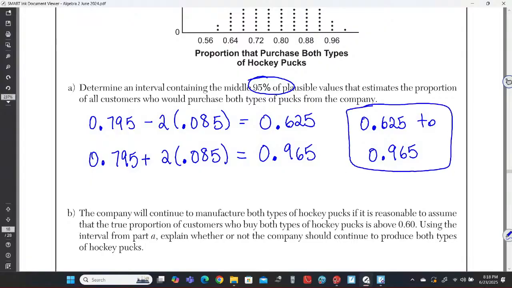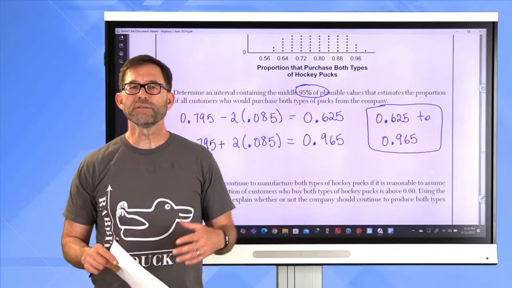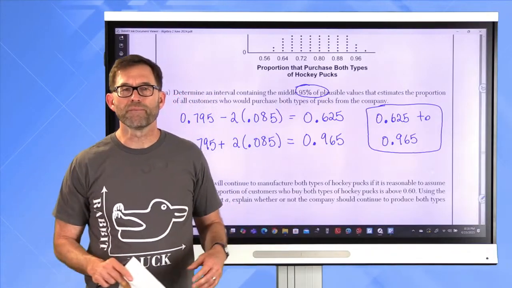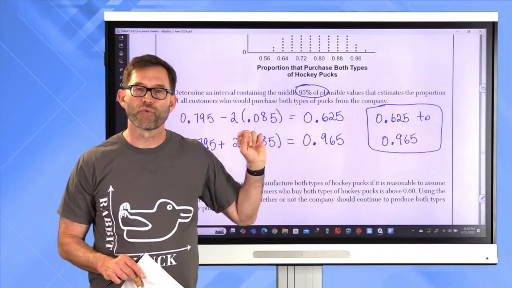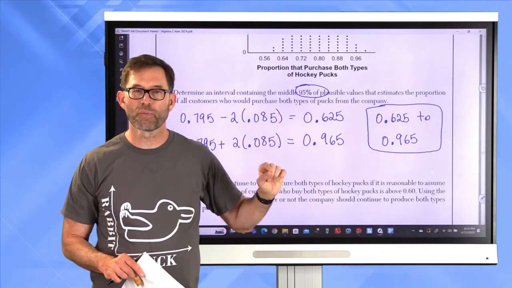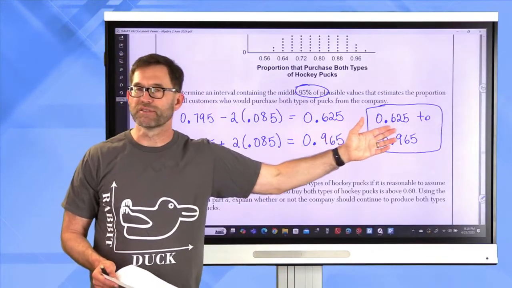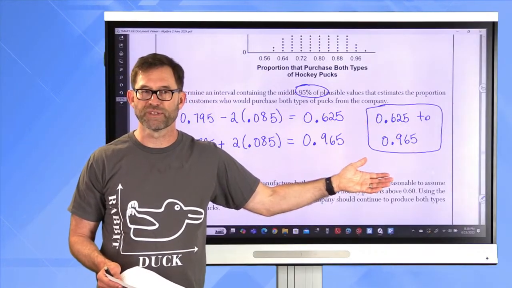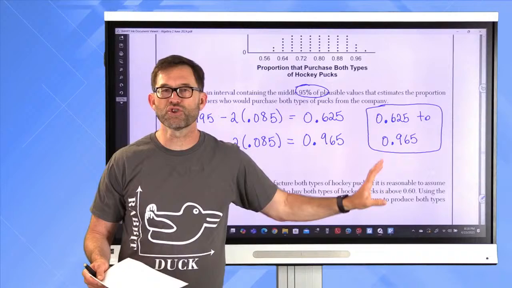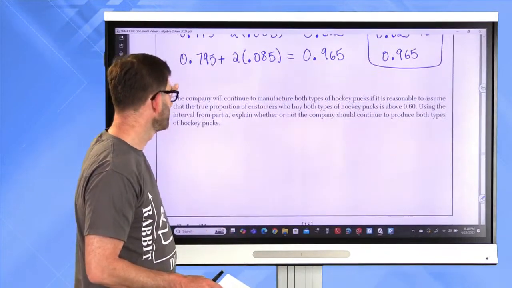Now, by the way, what that means, right, is that, roughly speaking, there is a 95% probability that the true population proportion that would buy both pucks lies somewhere between 62.5% and 96.5%. There's a 95% chance it lies somewhere in that interval. Let's take a look at letter B.